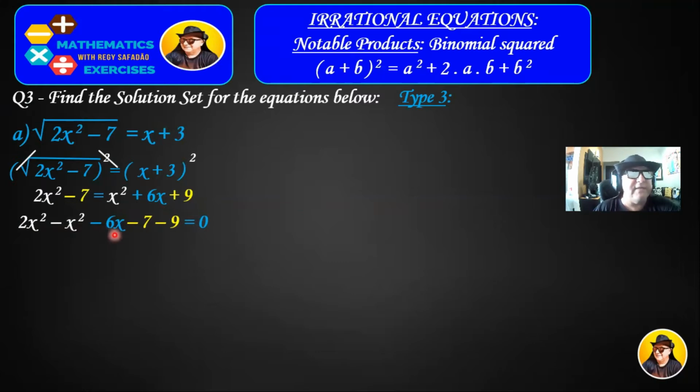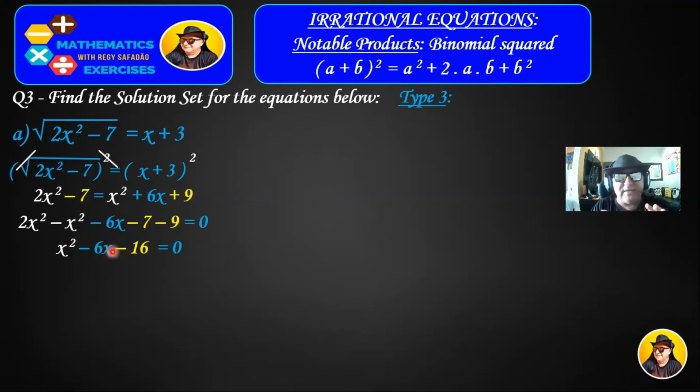Keep negative 6x and operate here minus 7 minus 9. According to what we know, numbers that have the same sign, you add them up and keep the same sign. So negative 7 negative 9 is negative, yes, 16. So we have here a quadratic equation, okay?